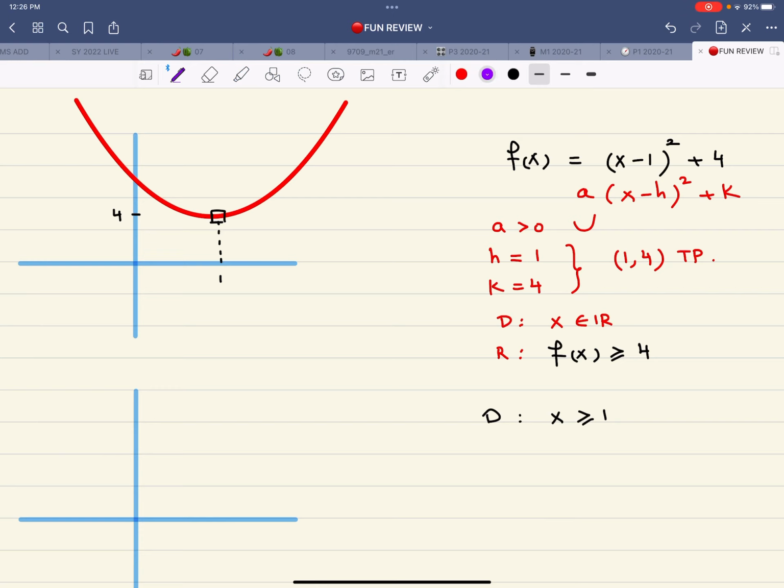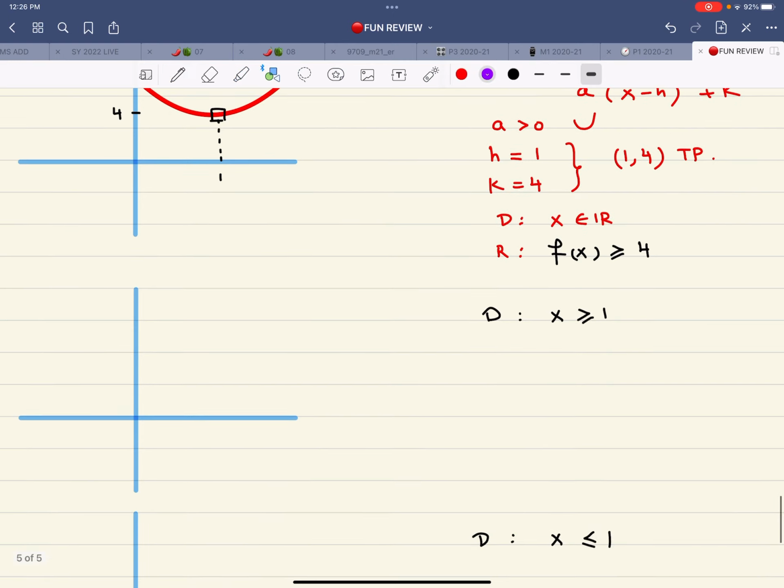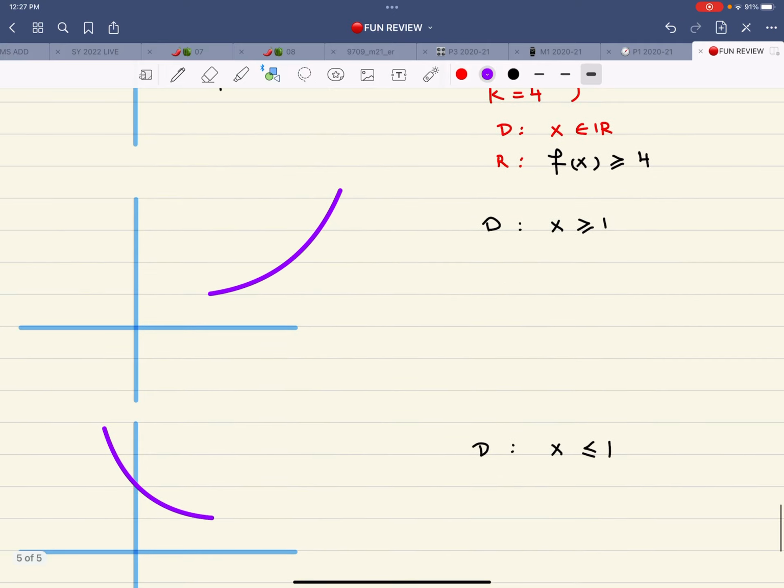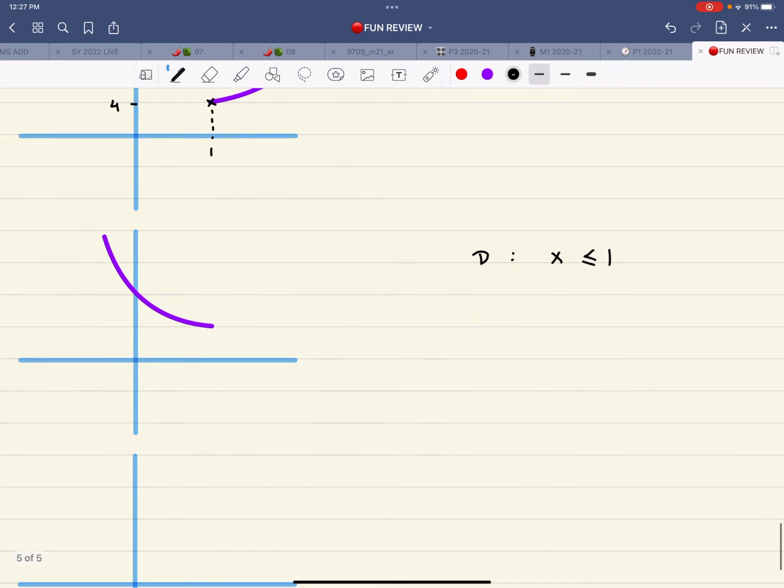You would draw to the right of (1, 4), something like this. And over here, you would draw something like this. Both the turning points are (1, 4). This is 1 and this is 4.